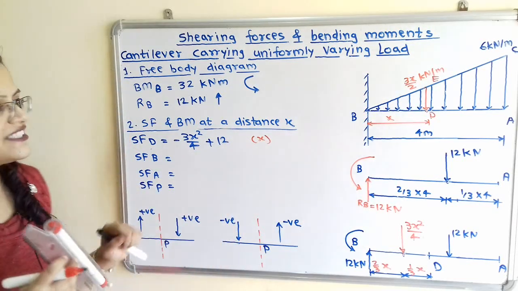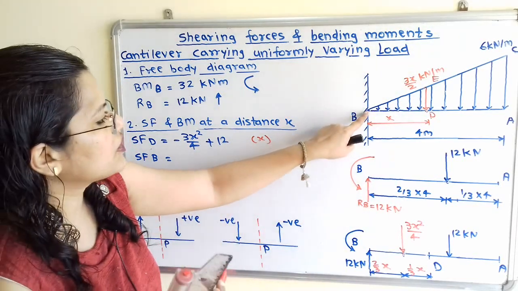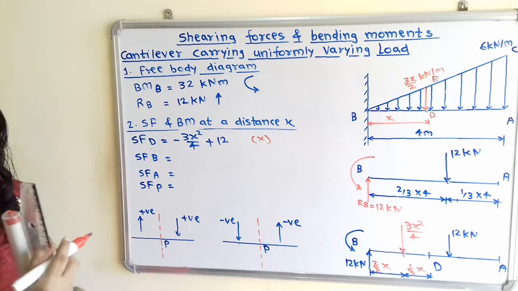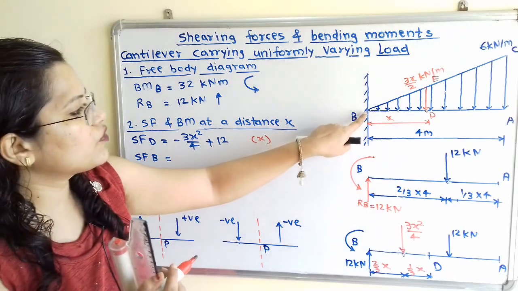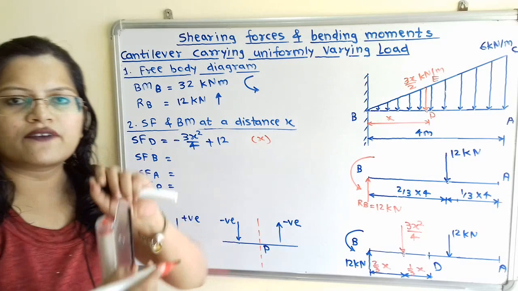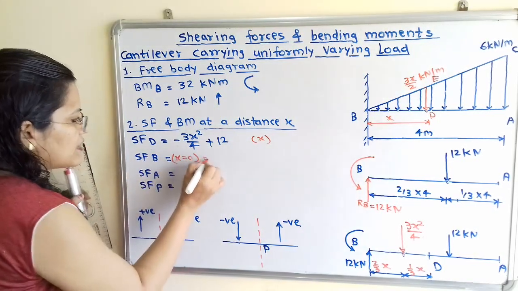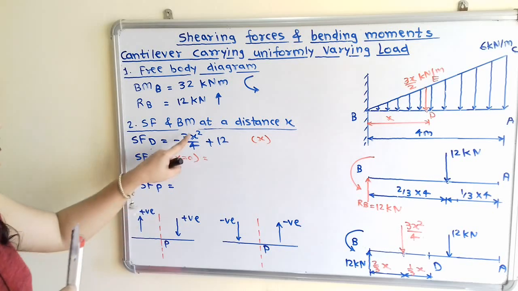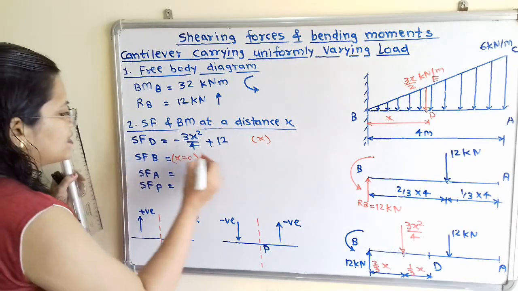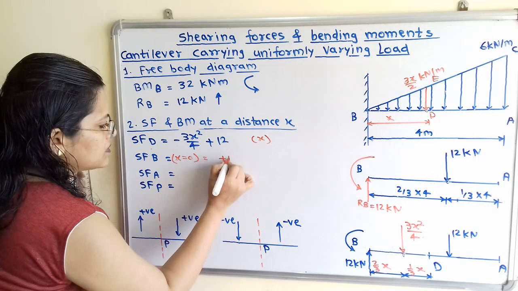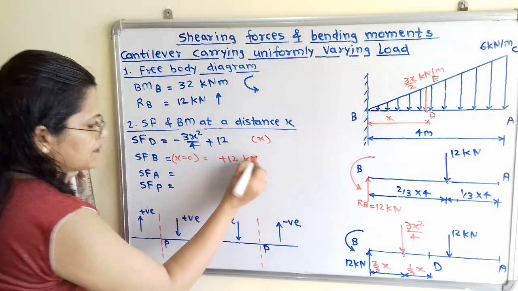Now we will move to the next point. Now we will find out shear force at this point B. Now at this point B, we know that this distance x is equal to 0. So when x is equal to 0, this whole term will become 0. So SF at B is equal to plus 12 kilonewton.